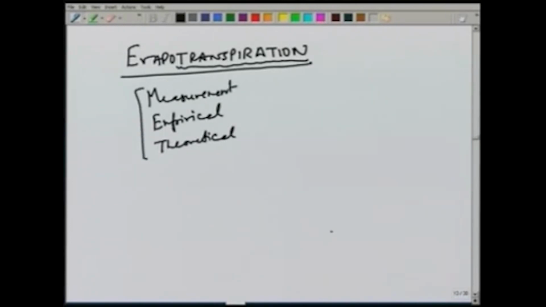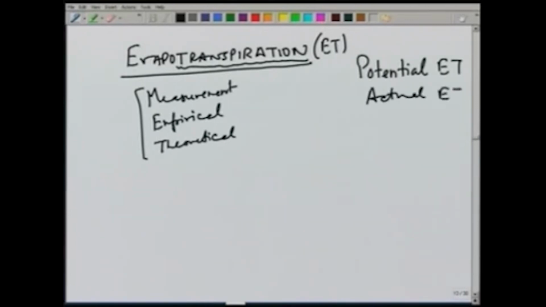But in evapotranspiration there is a very fine distinction between what we call potential evapotranspiration and the actual evapotranspiration. The potential evapotranspiration is the evapotranspiration which will be occurring if water is available.